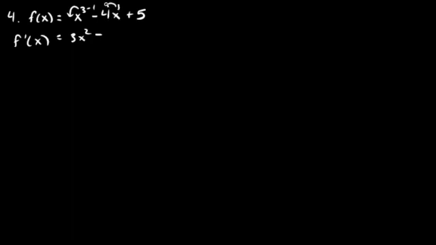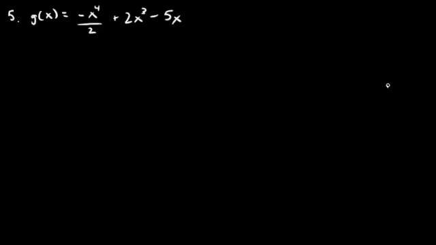So 1 times 4 gives us 4. And 1 minus 1 gives us 0. So x to the 0 is 1. So we have no more x. And then 5 is a constant, so that would be 0. So our answer would be 3x squared minus 4 using the addition or subtraction rule.